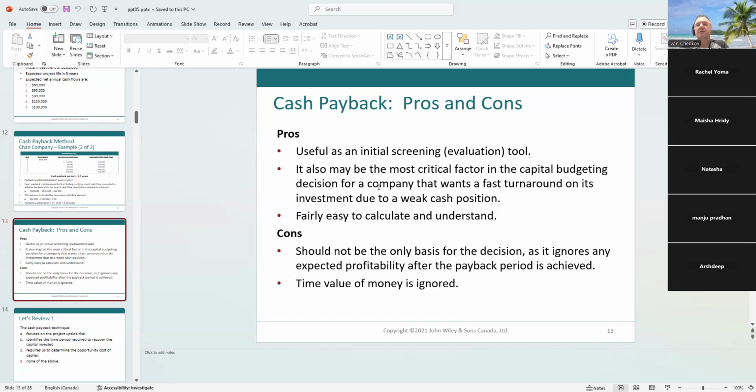The drawback is that it doesn't consider the time value of money. It should not be the only basis for decisions because it ignores the expected cash after the cash payback period.